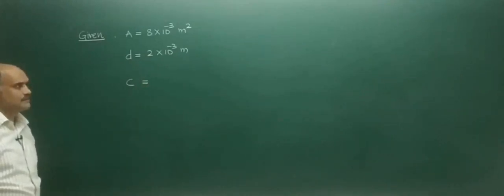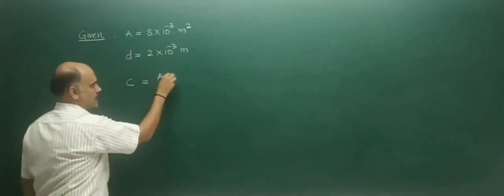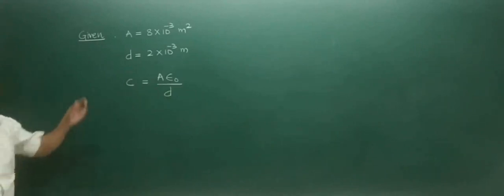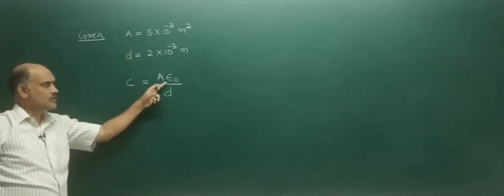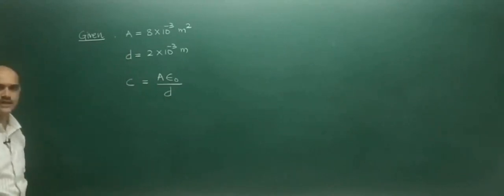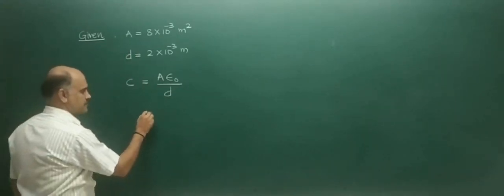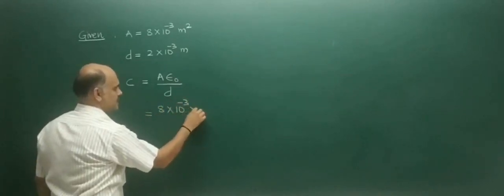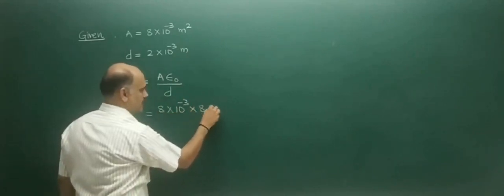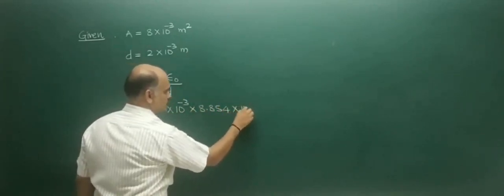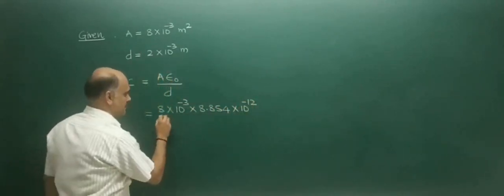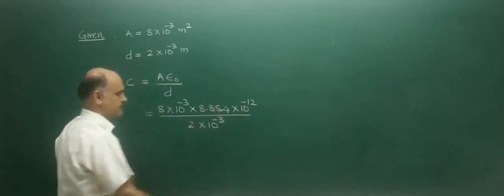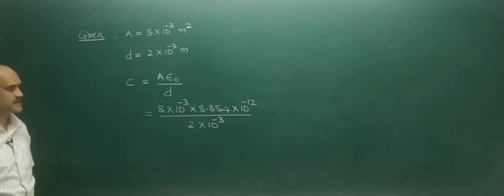So for a parallel plate capacitor, C is equal to A epsilon naught divided by d. He has given A, d, and epsilon naught value is 8.854 into 10 raised to minus 12. So if I substitute, you'll have 8 into 10 raised to minus 3 into 8.854 into 10 raised to minus 12 divided by d. The distance d is 2 into 10 raised to minus 3.